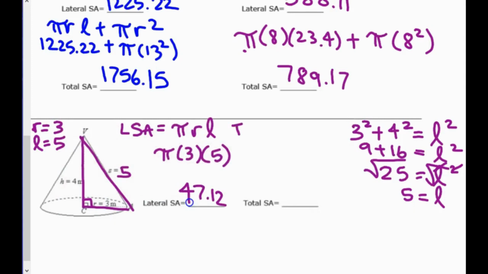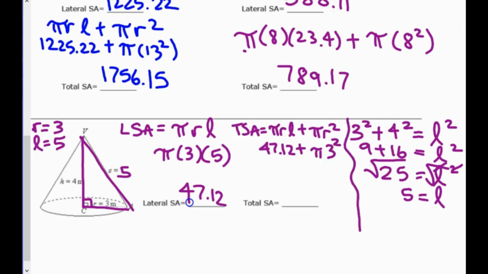And then total surface area, pi RL plus pi R squared. So we know that's 47.12 plus pi 3 squared. So let's do that. We're just going to add pi 3 squared.